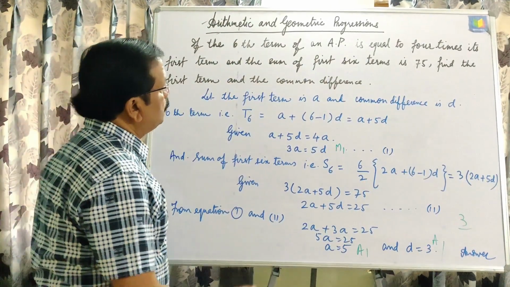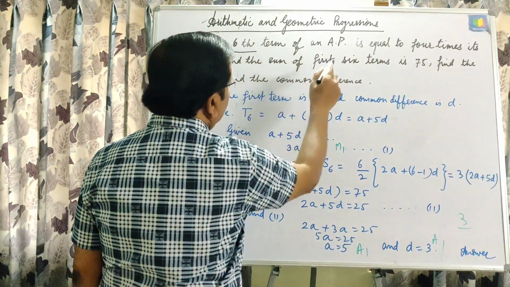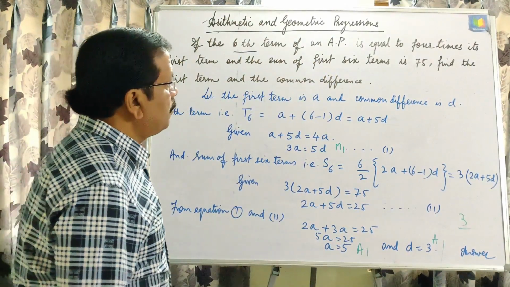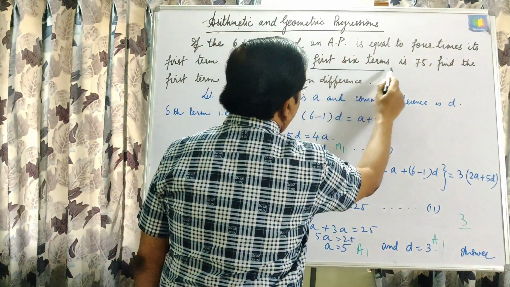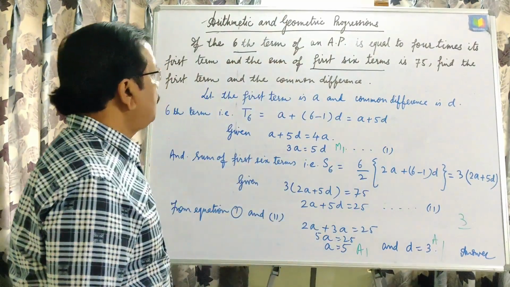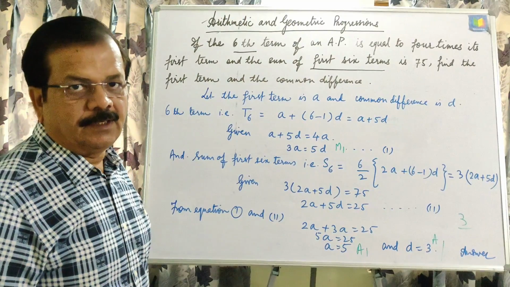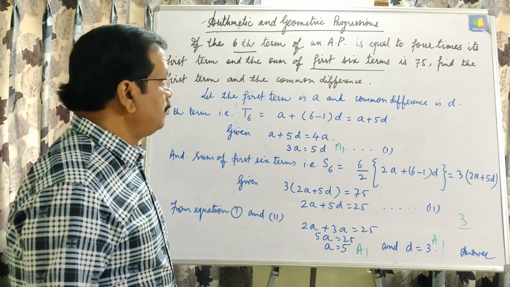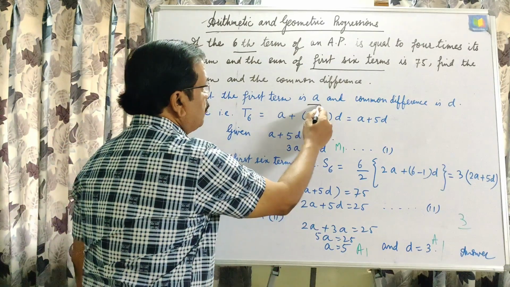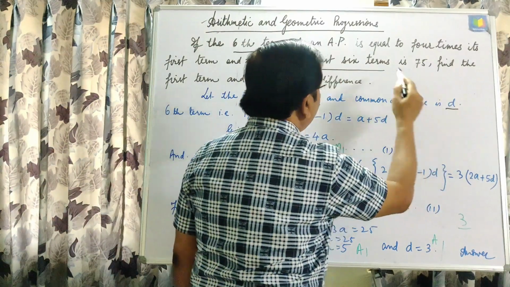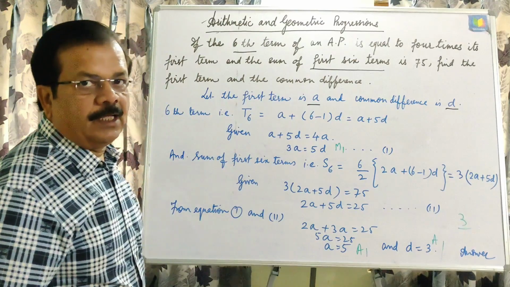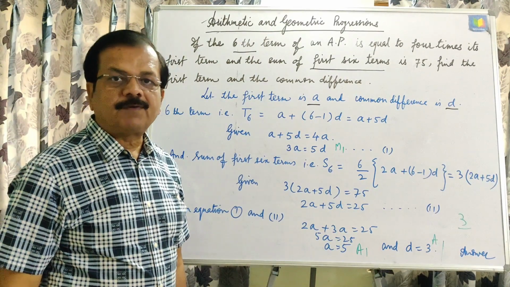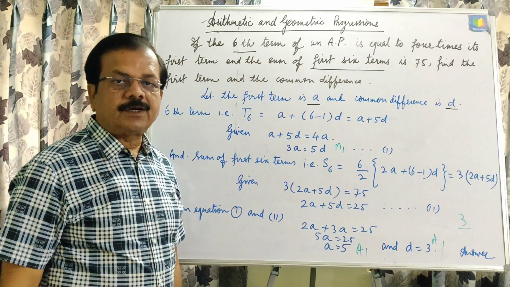If the sixth term of an AP is equal to 4 times its first term and the sum of the first 6 terms is 75, find the first term and common difference. Okay, we are given that this is an AP, let the first term be A and common difference be D. Then we can use the formula for the sixth term, A plus n minus 1 into D, n equal to 6.